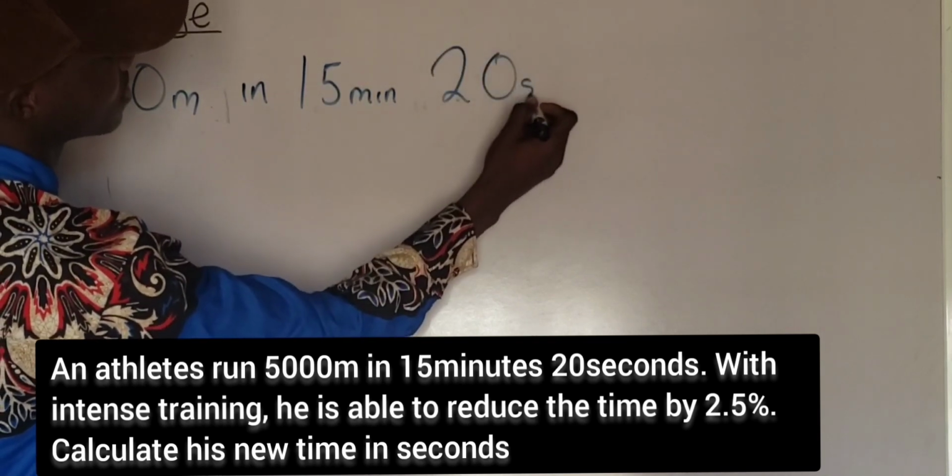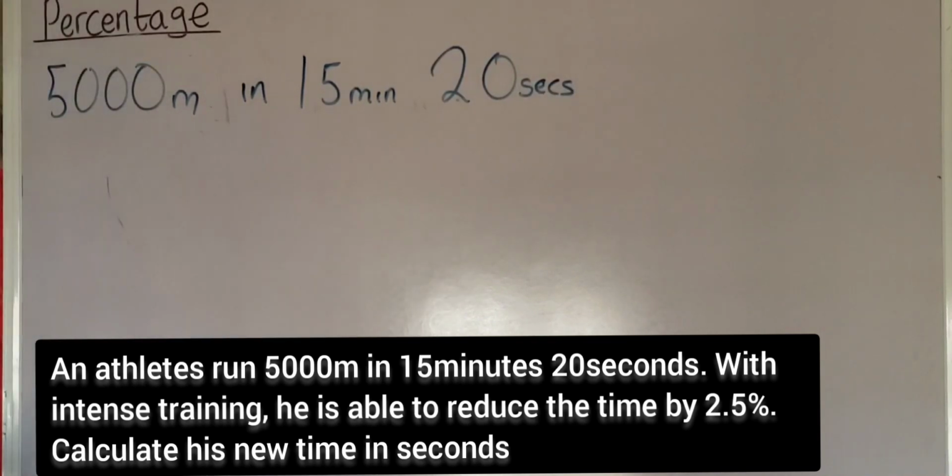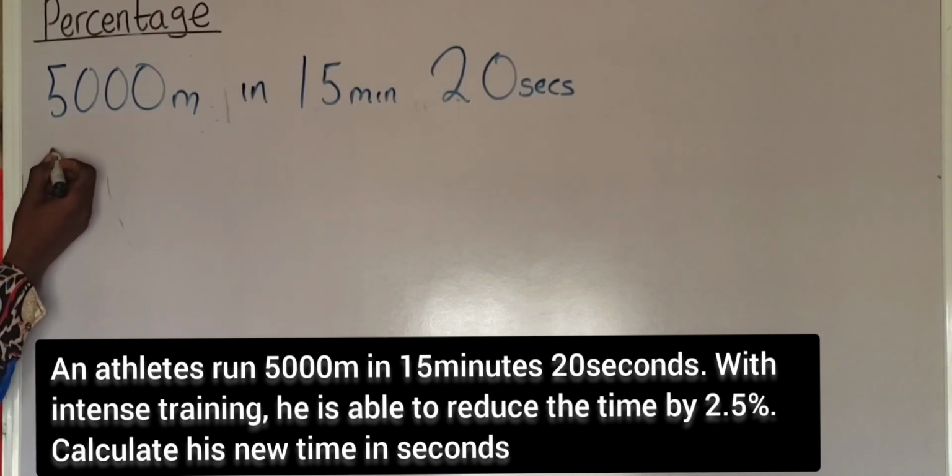Now, when the athlete increased his training, when he trained very well, we are told that the time reduced by 2.5%. You understand? He is able to reduce the time by 2.5%.